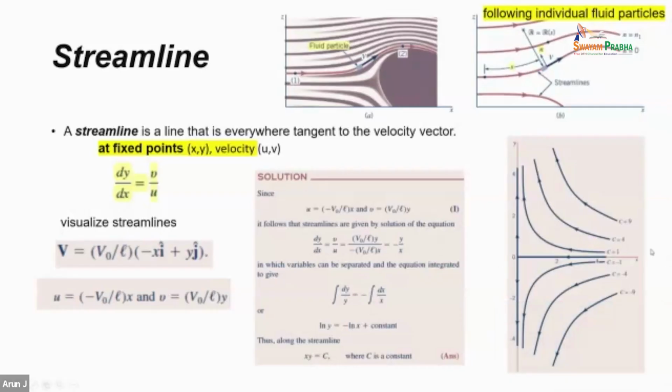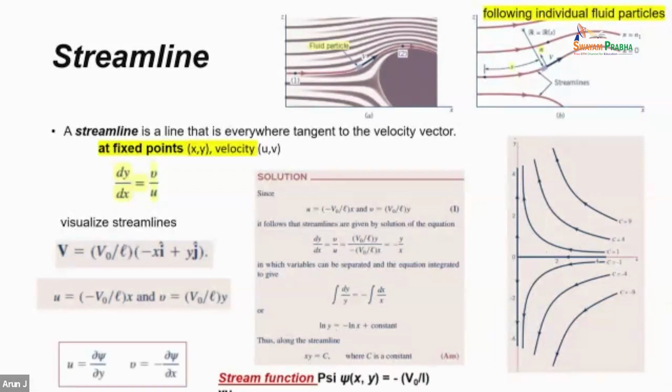You have x, and then you have y. Since xy equals c, that is a streamline. So this is called the streamline function.